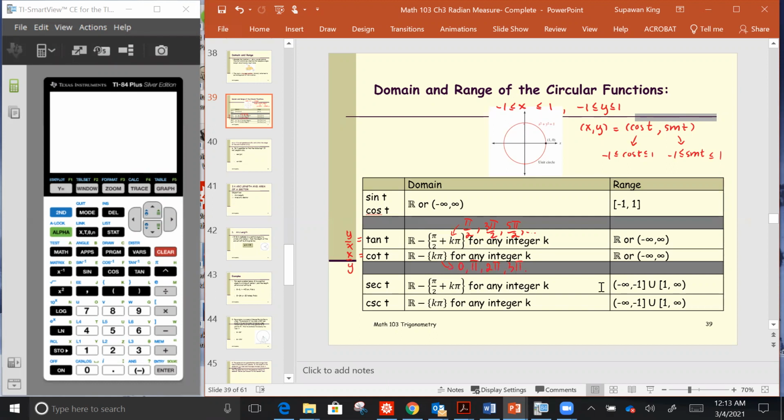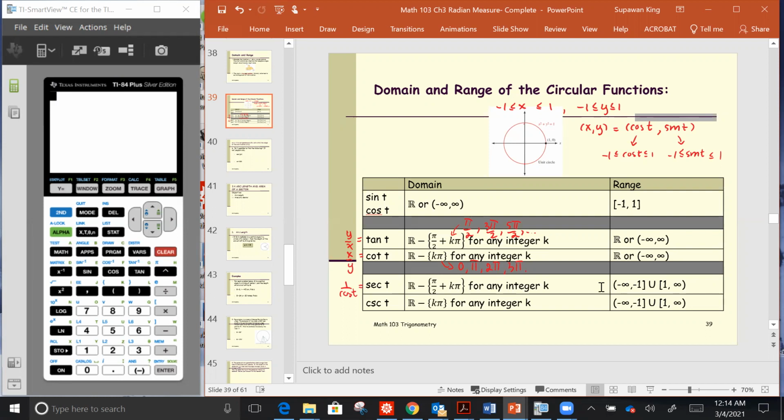For the secant of t, secant is 1 over cosine of t. So the restriction is from the cosine of t equals 0, which is the same restriction as the tangent of t. But the range is going to be from -infinity to -1, including the value -1, and the value 1 to +infinity, because the secant is the reciprocal of the cosine of t.